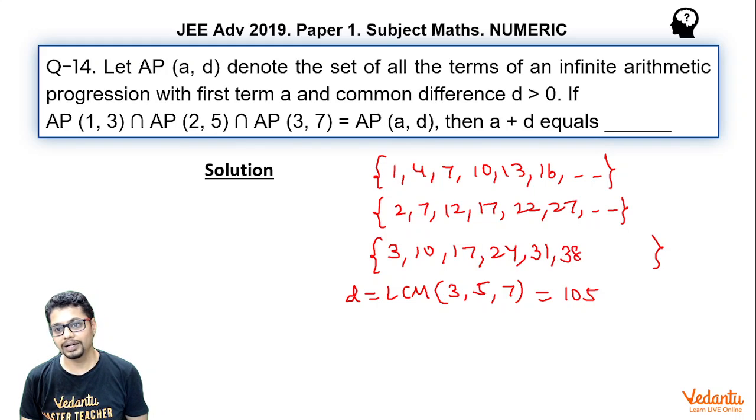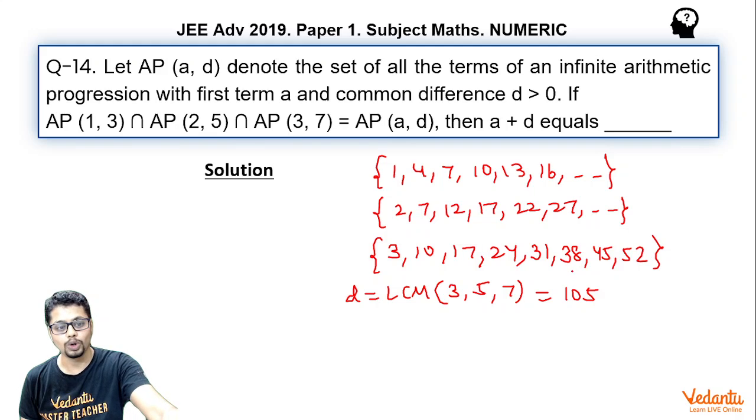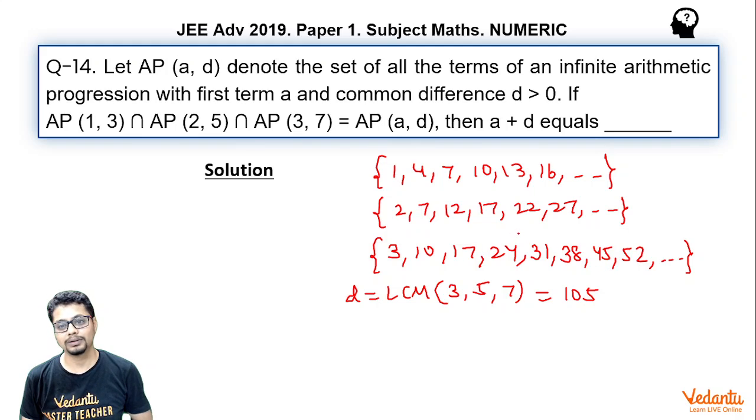Next, 38 divided by 3, remainder is not 1. Next, 45 divided by 3, remainder is not 1. Next, 52 divided by 3, remainder is 1, and when divided by 5, remainder is 2 also. So 52 is a, the first term common between these three sequences.